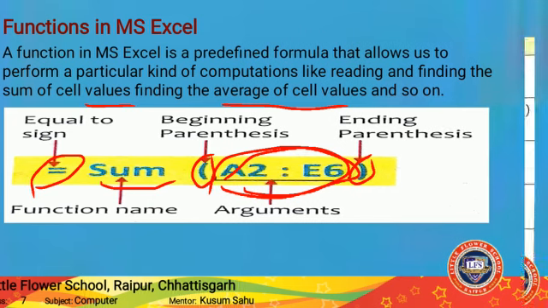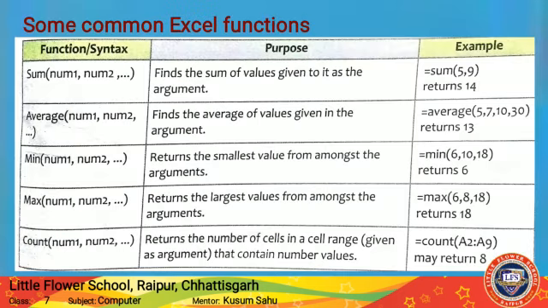So here you can see some common Excel functions. Here you can see function names are given and the purpose, what purpose it is used for, and the example of the function syntax. Here you can see if we want to do the sum or addition work, we will use syntax like this: SUM of number 1 and number 2.